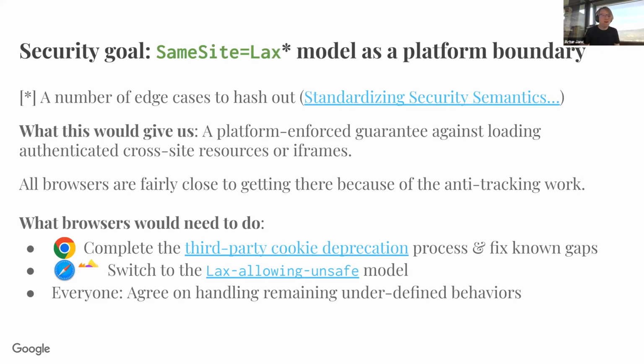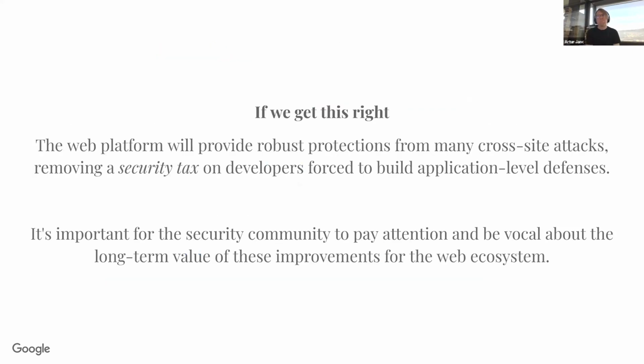And if we do this, my claim is that we will actually protect the web ecosystem, create a robust boundary, almost a guarantee for web applications that they can't do anything to make themselves vulnerable to these long-standing classes of bugs. And the good thing is that all browsers are fairly close to that just by virtue of the anti-tracking work that they're doing.